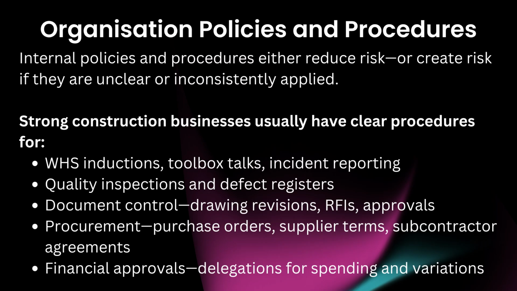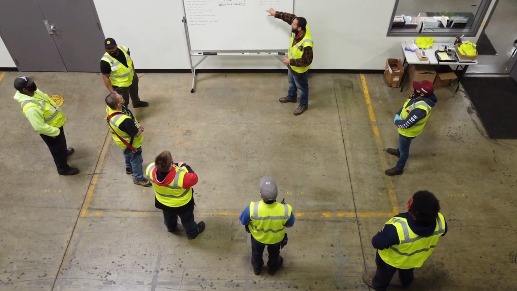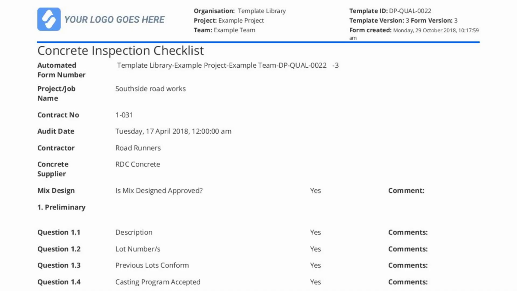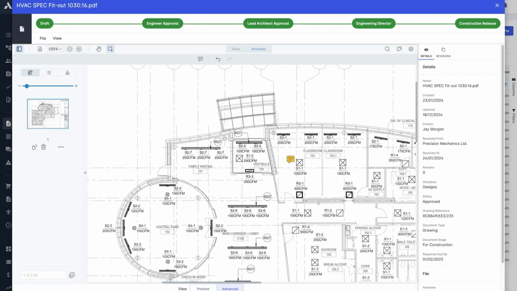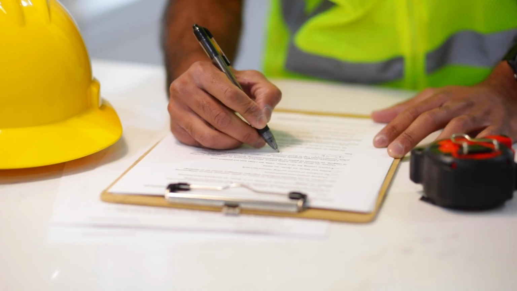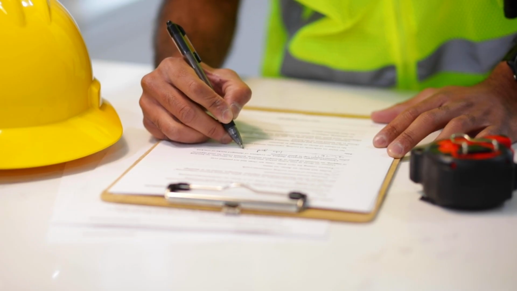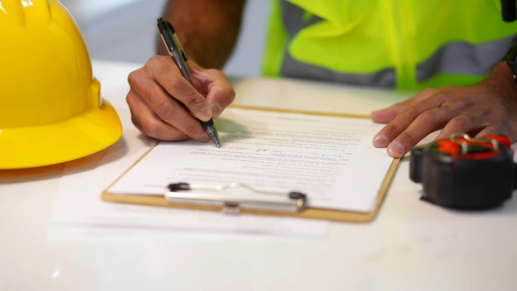Organisation policies and procedures. Internal policies and procedures either reduce risk or create risk if they are unclear or inconsistently applied. Strong construction businesses usually have clear procedures for WHS inductions, toolbox talks, incident reporting, quality inspections and defect registers, document control, drawing revisions, RFIs, approvals, procurement, purchase orders, supplier terms, subcontractor agreements, financial approvals, delegations for spending and variations, complaints and dispute handling.